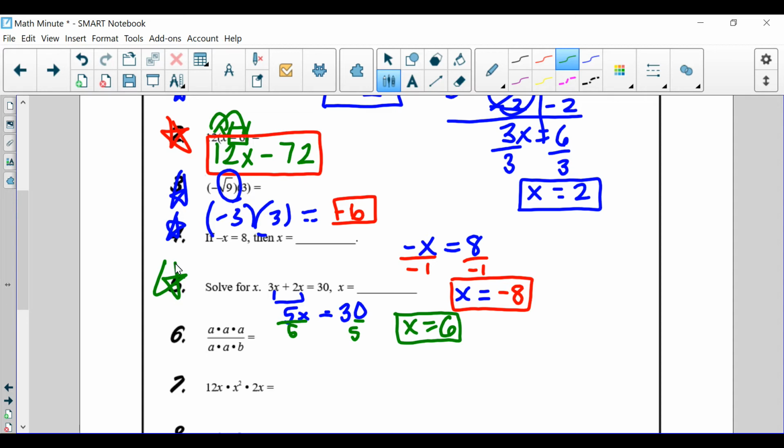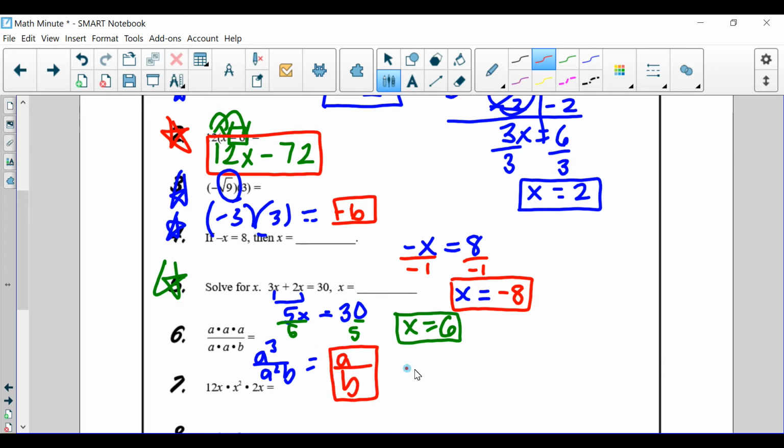Alright, let's go over number 6 now. It says a times a times a, which is going to be a to the third, over a times b, which is going to be a squared over b. Keep in mind the a's will cancel out, where we're left with one a on top and one b on bottom.